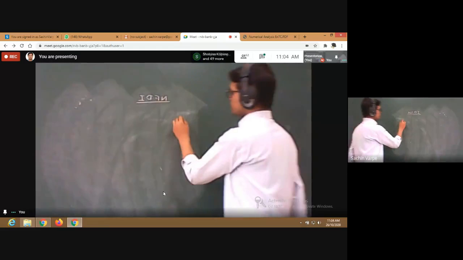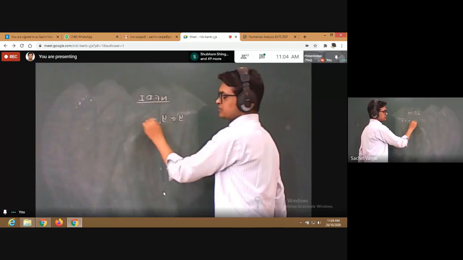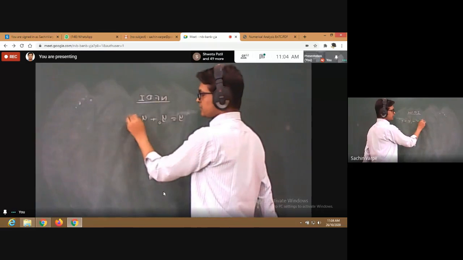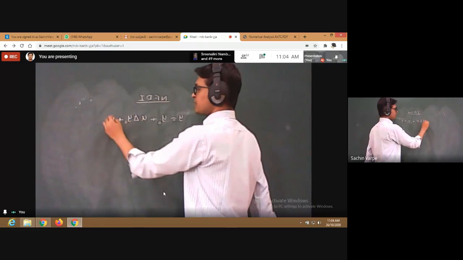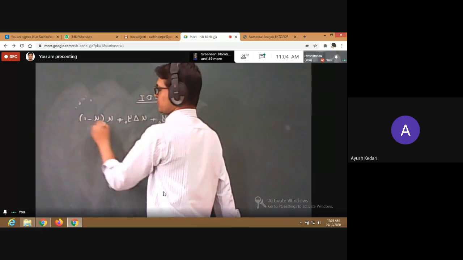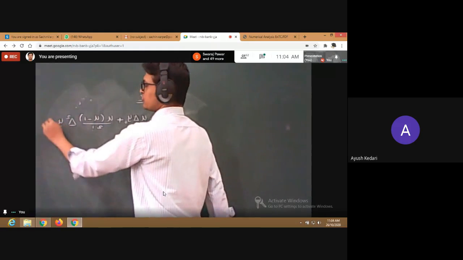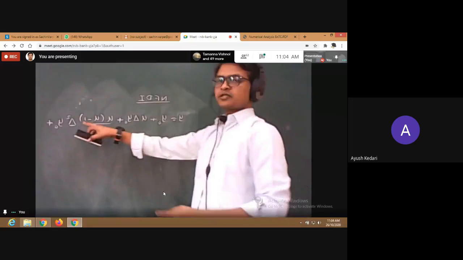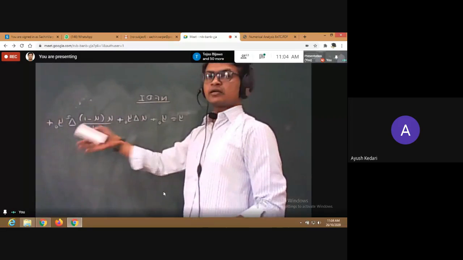The formula is y is equal to y naught plus u delta y naught plus u into u minus 1 upon 2 factorial delta square y naught plus, what will be next? u into u minus 1, u minus 2 upon 3 factorial into delta cube y naught and so on.